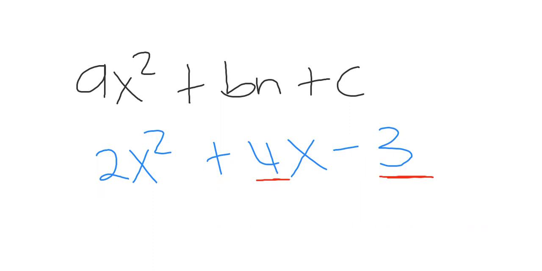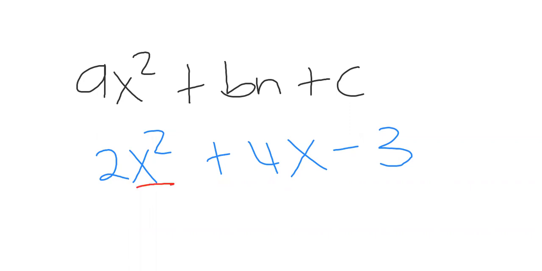So every quadratic expression has 3 terms: the first term, the second term, and the third term. The first term has a variable that has a power.